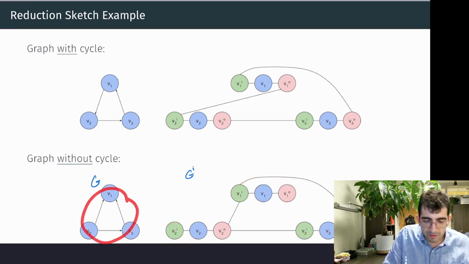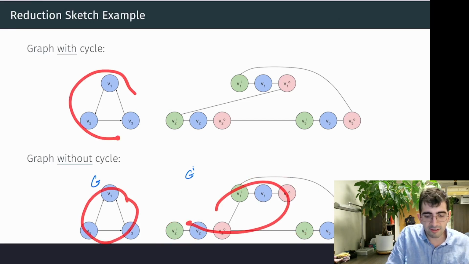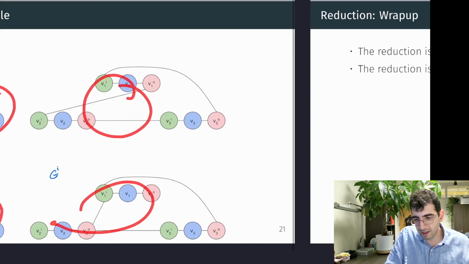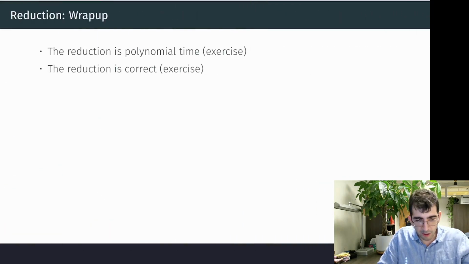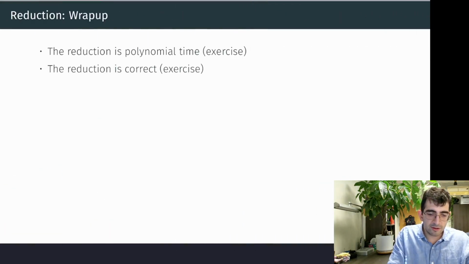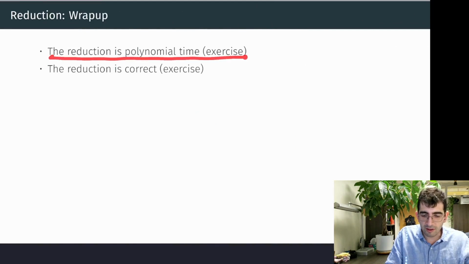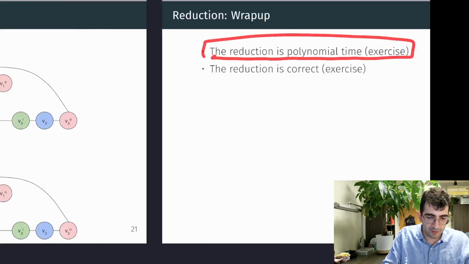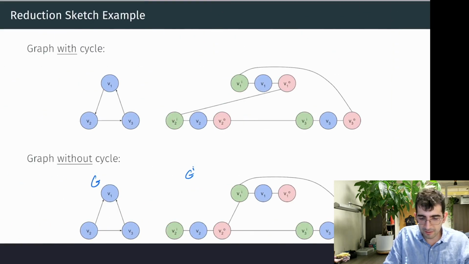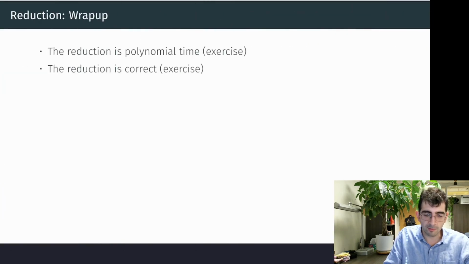So a no instance corresponds to a no instance, and a yes instance corresponds to a yes instance. Okay? So this reduction, of course, is polynomial time because you're just adding two extra vertices per vertex. So of course, this is polynomial time.